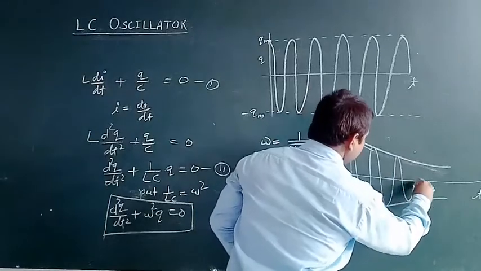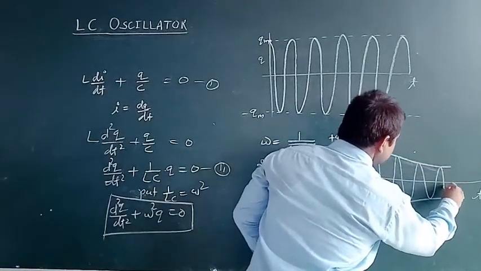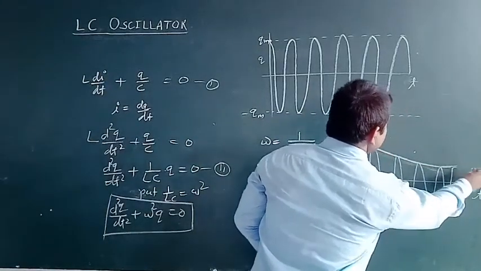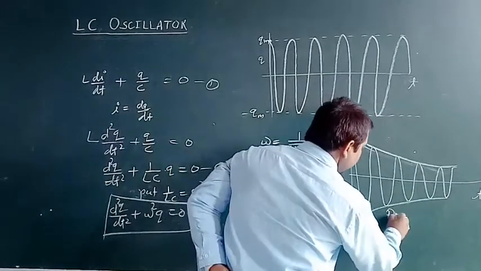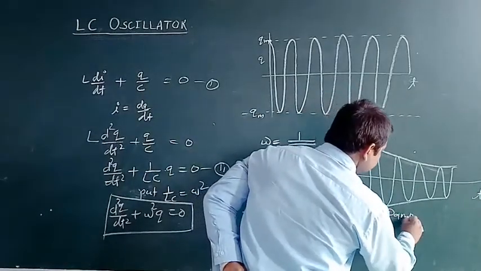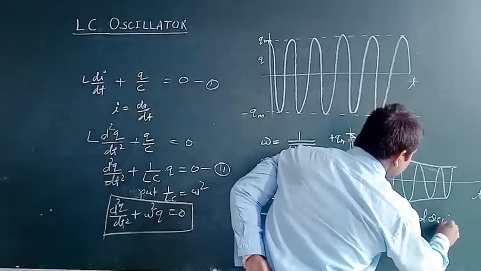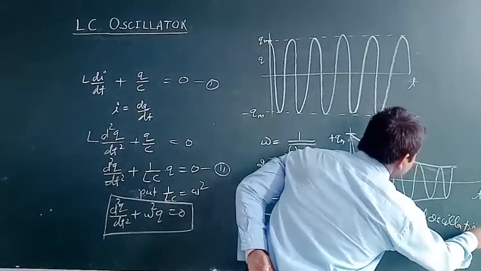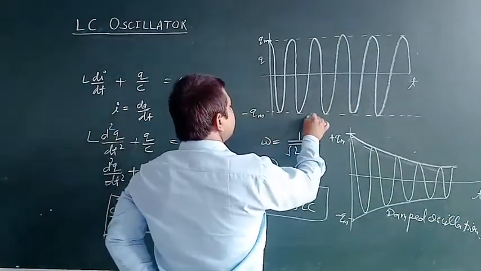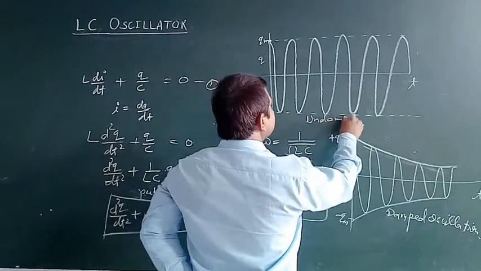Such oscillation is known as damped oscillation. This is the damped oscillation, and this one is the undamped oscillation.